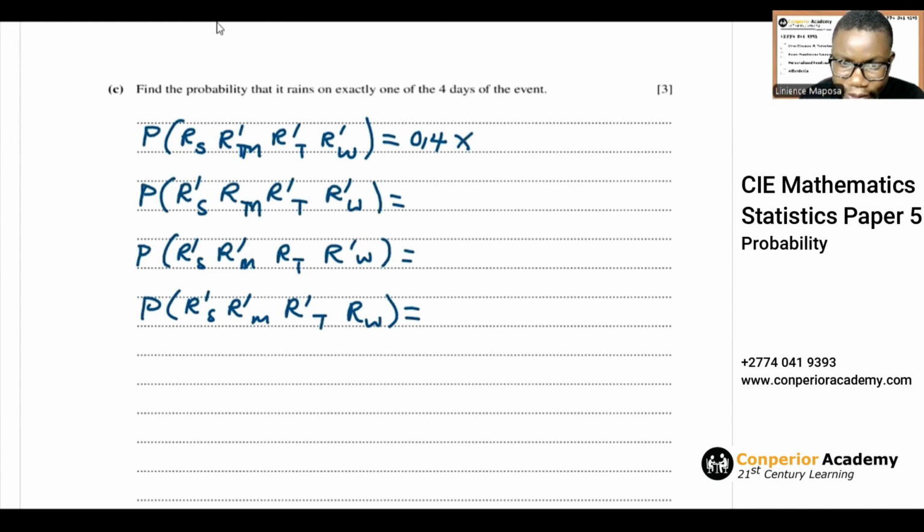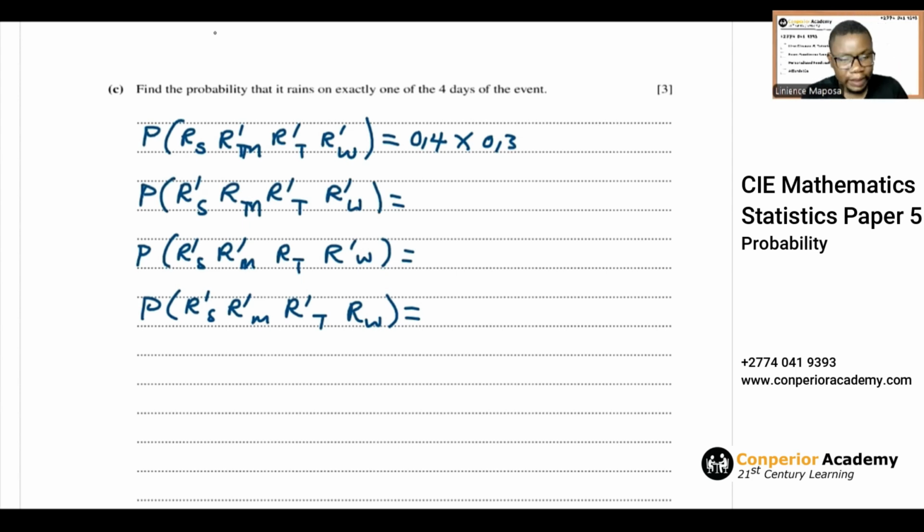So I'll multiply this by 0.3, which is the probability of rain complement. Remember, let me explain. If it rains today, the probability that it rains again tomorrow is 0.7. That's what they said. So the probability of it not raining tomorrow is 0.3. So it rains on Sunday, therefore the probability of not raining on Monday is 0.3.